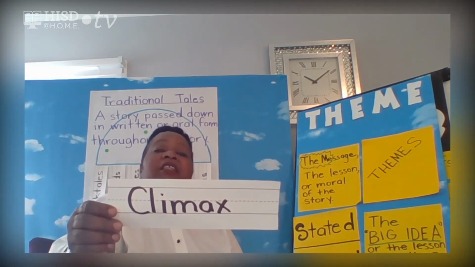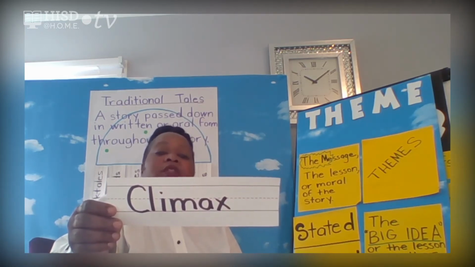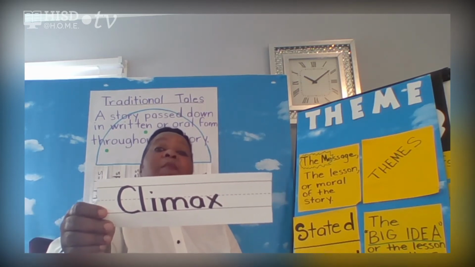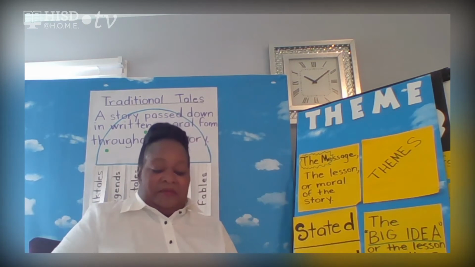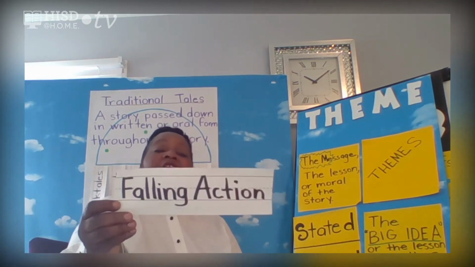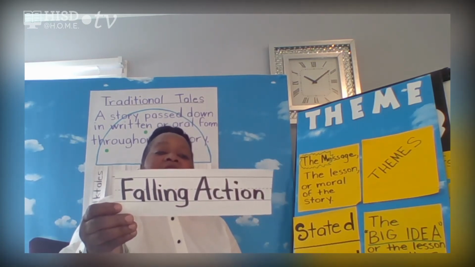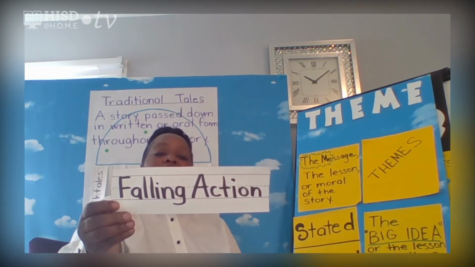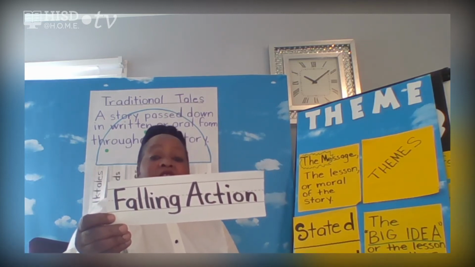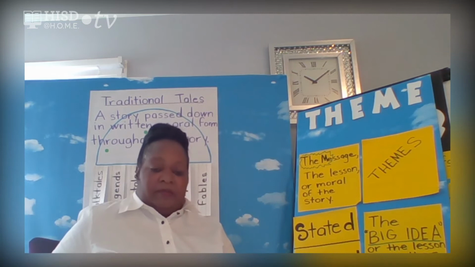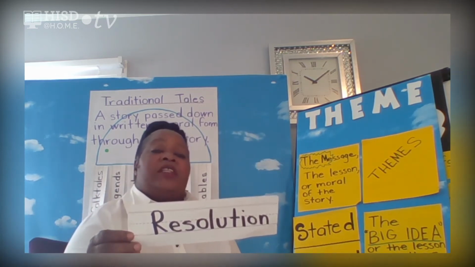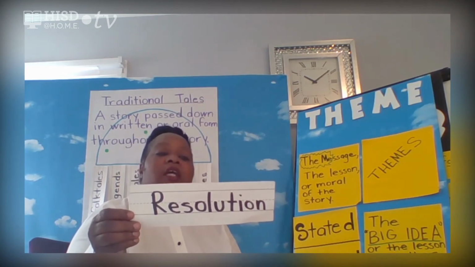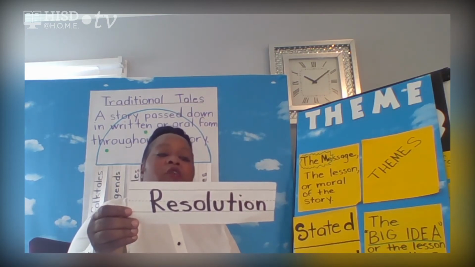Climax, the decisive point at which the reader knows how the conflict will be resolved. The falling action, where the consequences of how the conflict was addressed played out. We also have resolution, where the suspense or tension is resolved.